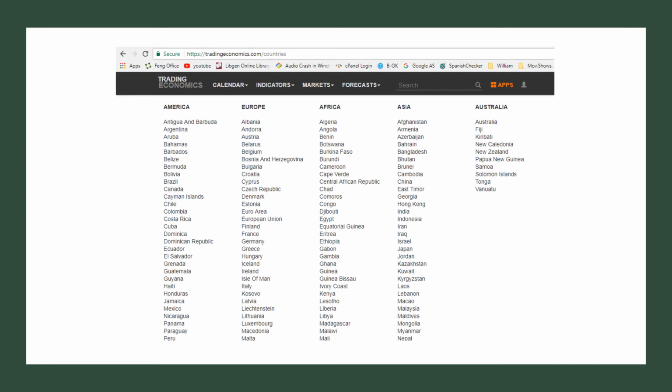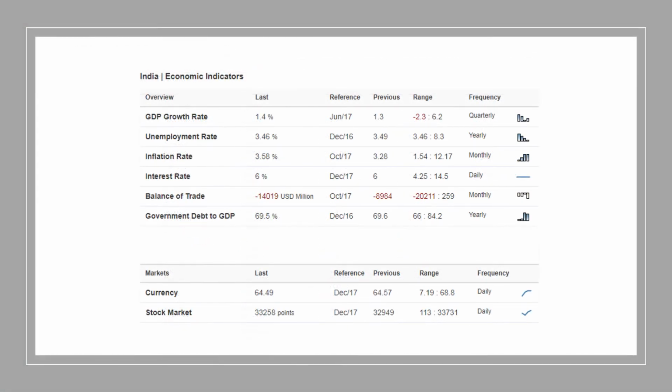But if you're going to look at Bhutan, they're not only going to have less data, but they're also going to keep different data. For example, Bhutan keeps a happiness index. No other country in the world keeps a happiness index. This is an example of the economic indicators of India.